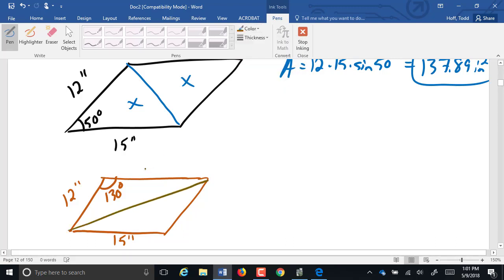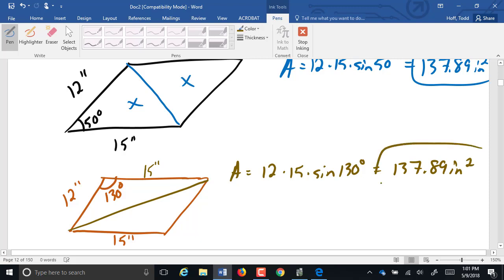Because I can divide it this way. What's this side here? 15. So that area will be 12 times 15 times sine of 130 degrees. I didn't even have to punch that in the calculator. How did I know that was 137.89?